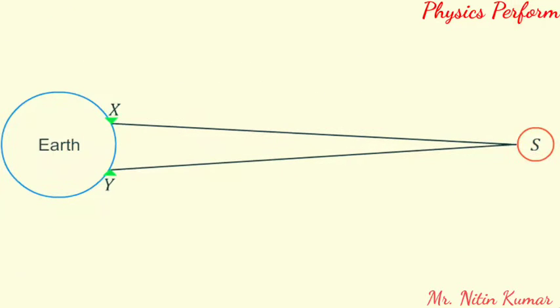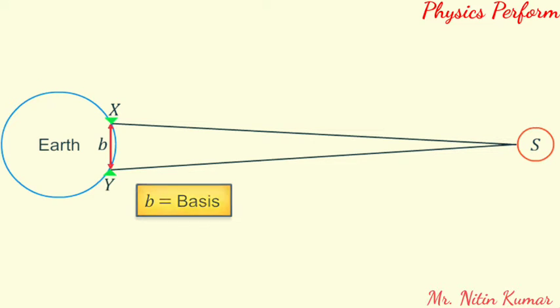Let X and Y be two observatories viewing the planet S from two locations on the Earth. Thus, XS and YS are the lines of sight of the planet from the two observatories respectively. Here, the distance b between X and Y is the basis, which is known.